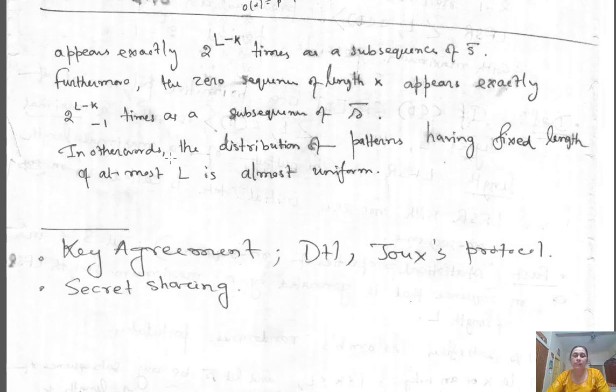So what we mean to say is that the distribution of patterns having fixed length of at most L is almost uniform. A particular pattern is almost uniformly distributed throughout the sequence.